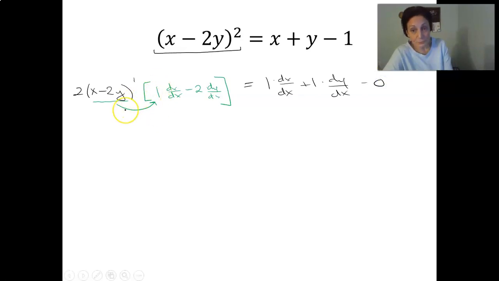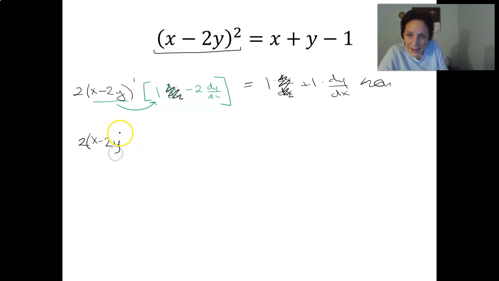All right, so again, we have a little bit of algebra to be done, but if you go back through here, there's a dx/dx here that we don't care about. There's a dx/dx here that we don't care about, but be careful, those are 1s, they're not 0s, right? This is an actual 0 that I don't care about at all. So I have 2 times x minus 2y, and I need to distribute it to these two things.